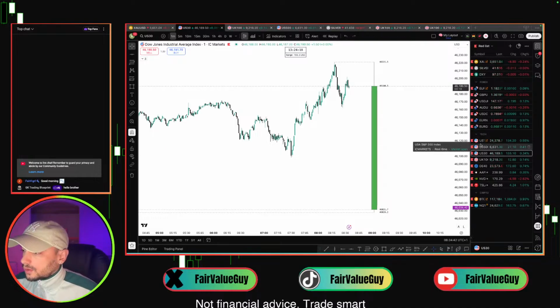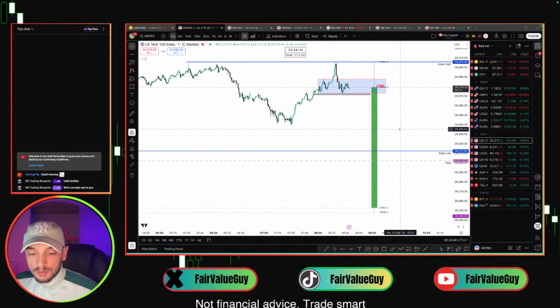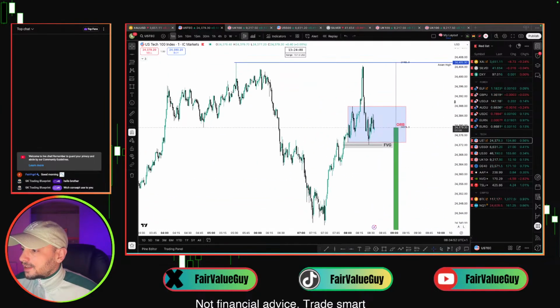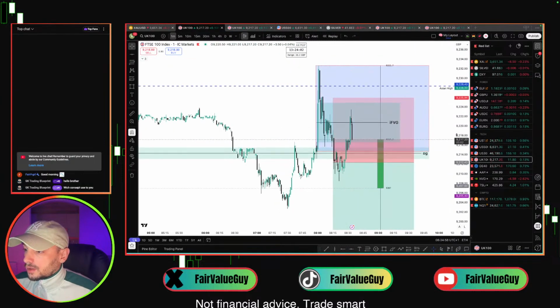I still think it's going to go higher, but I can't prove it. No, jokes aside, I think it's going to go higher from here. Okay, we saw a very good black candle. Hopefully it's going to stay like this for FTSE. We need to see more sellers coming in, otherwise we're cooked.